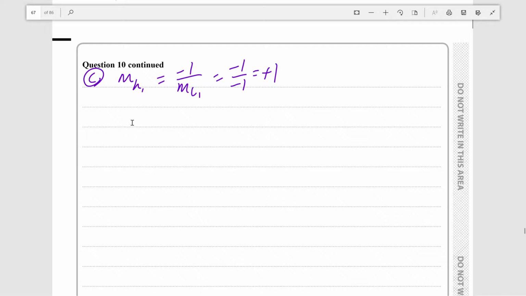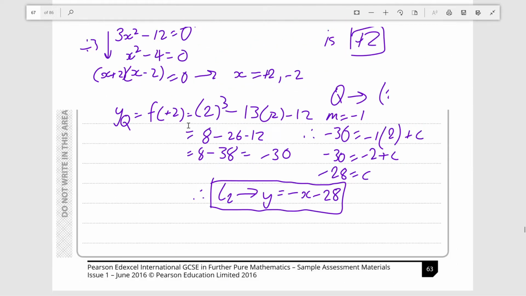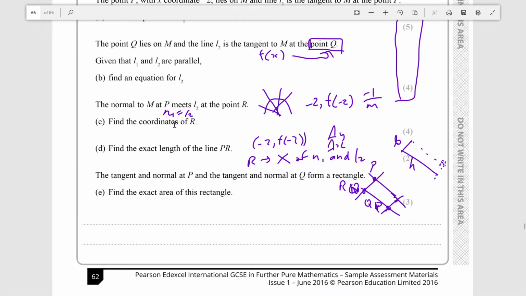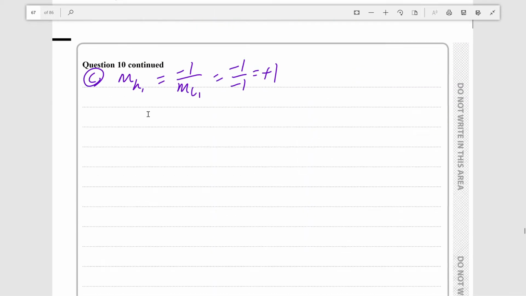And we know that such a point, if it were the normal from the point we determined earlier, the normal of point P, it has to pass through the point minus 2 and positive 6.